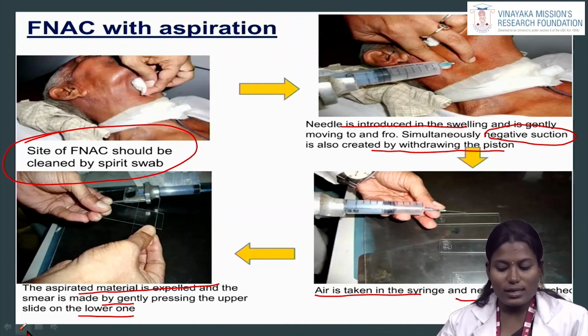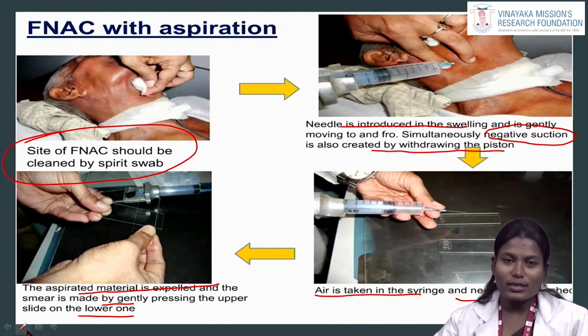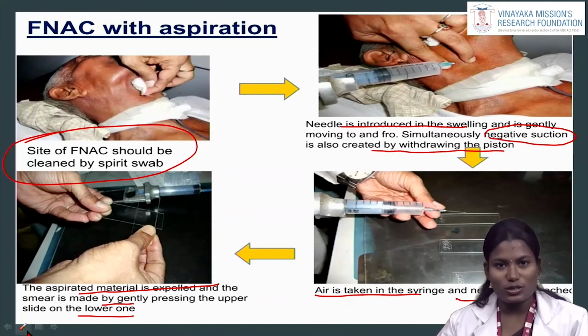Then air is taken into the syringe, the needle is reattached, and the material is collected onto the slide and gently spread to create the smear, fixed, then stained with routine or special stains, and the cells are observed under the microscope. This is a simple procedure for FNAC with aspiration technique.